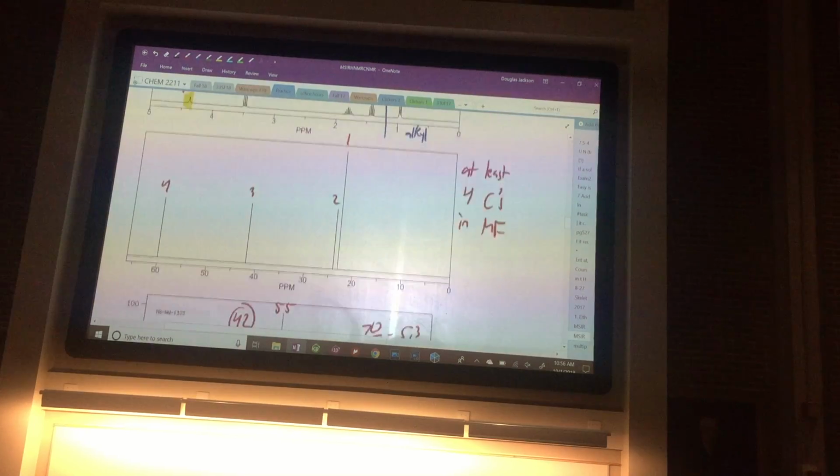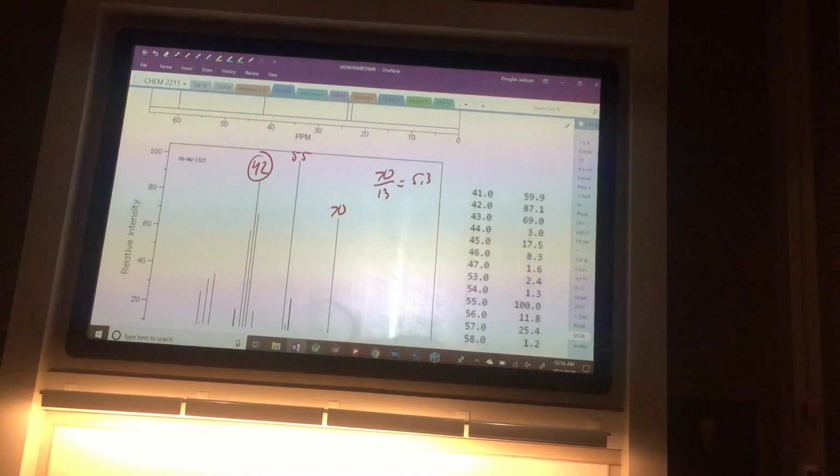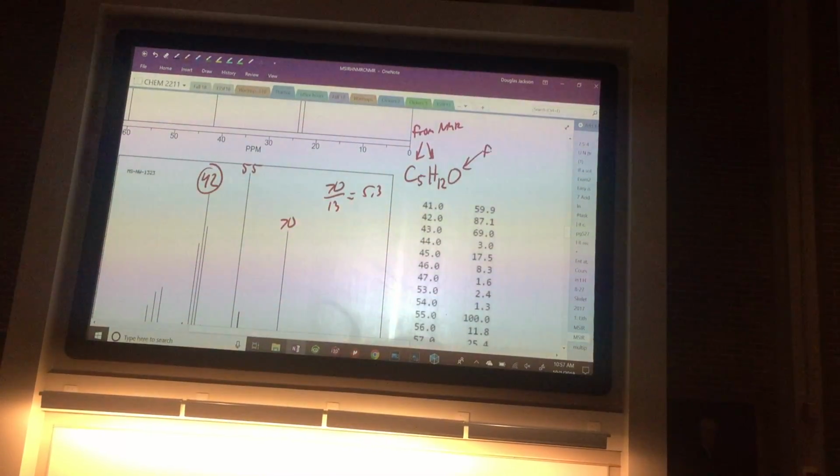So at this point, I'm going to come back to the mass spec and say C5H12O and see if that gives me something reasonable. He did 70 divided by 13.